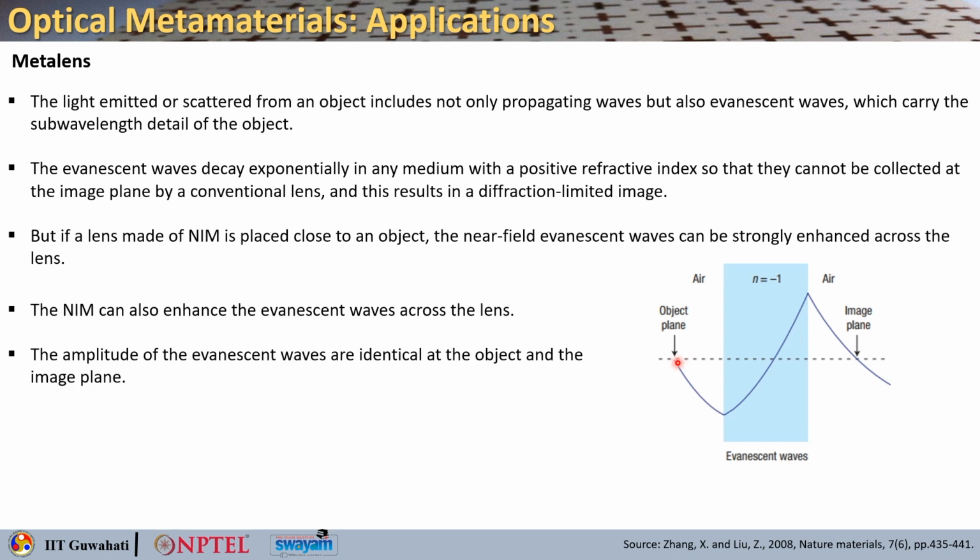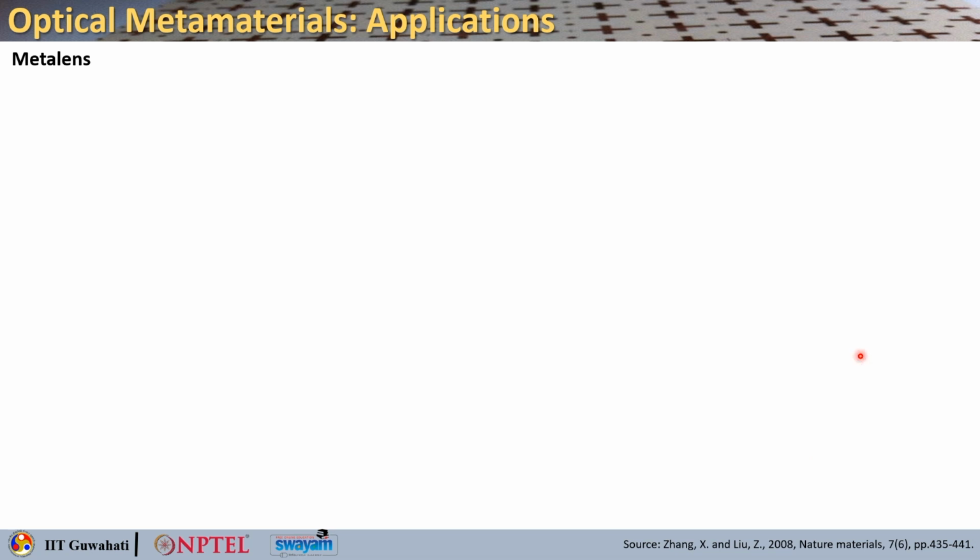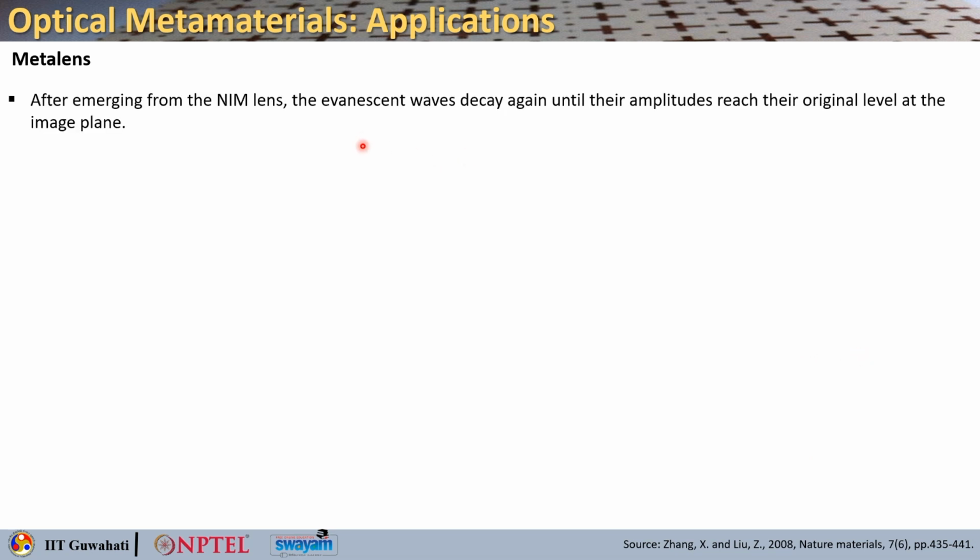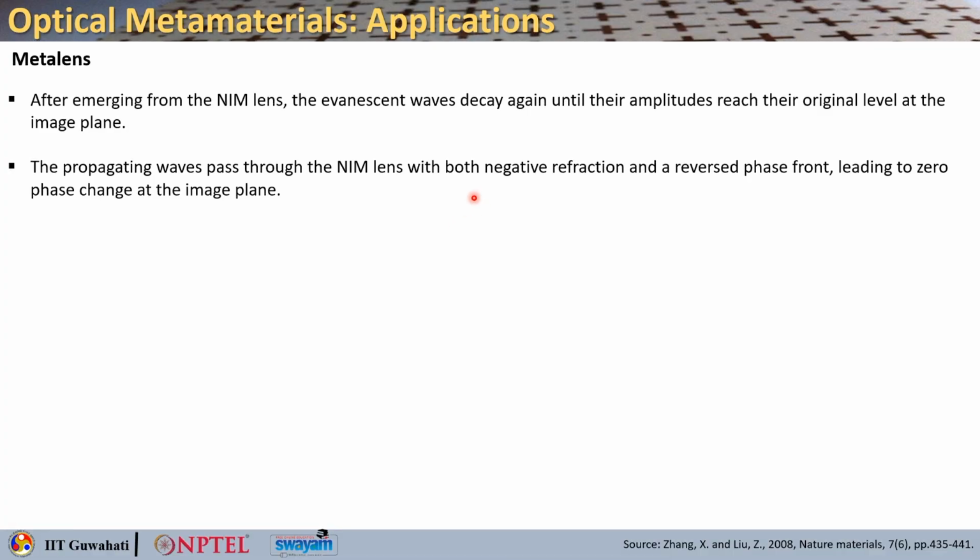So, the amplitudes of the evanescent waves are found to be identical at the object and the image plane, and that is what is amazing, because of this NIM lens, the evanescent waves come to the same level and you can capture them. The propagating waves will also pass through, and when you have both negative refraction and reversed phase front, you are leading to a zero phase change at the image plane.